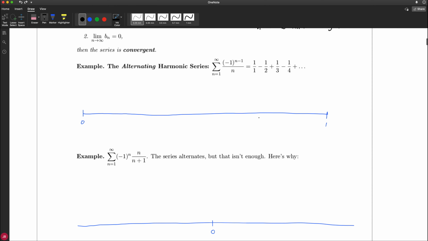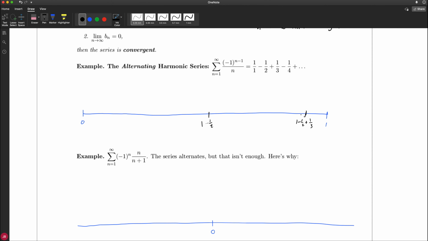The second partial sum is 1 minus 1/2, which is right here, smack in the middle. And now I add 1/3 to that. Well, 1/3 is a little bit smaller than 1/2, so I don't go all the way back. I stop maybe around right here. So this is 1 minus 1/2 plus 1/3.